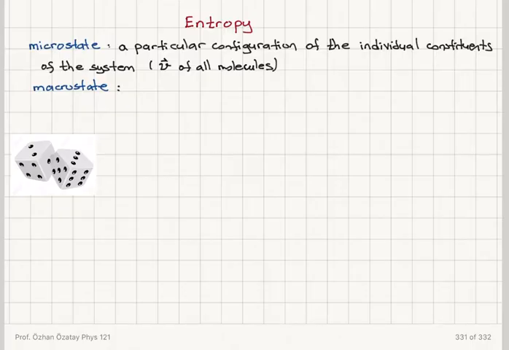What is a macrostate? It is a description of the system conditions from a macroscopic point of view.